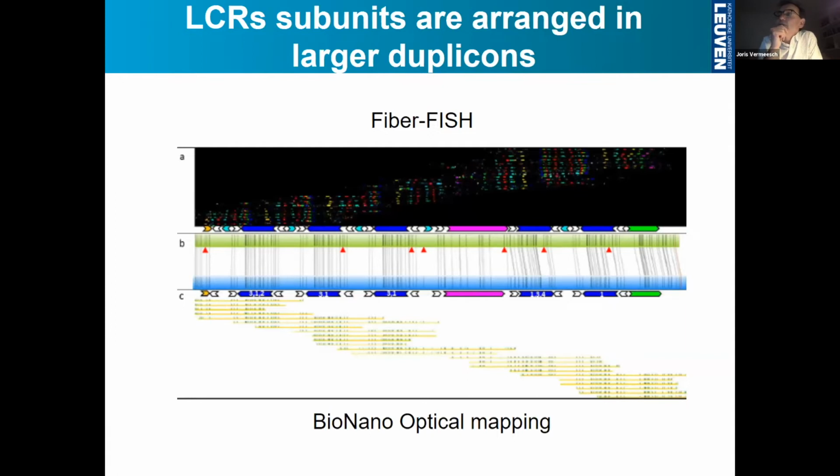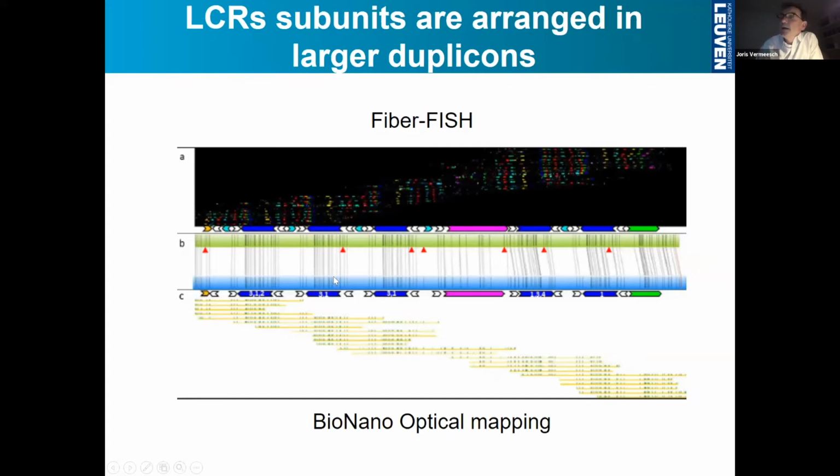We started from fiber FISH, which is stretching DNA strands from individuals, and then we made FISH probes for different subunits which were located in the LCR, so they were repeated, and you can see the repeats. By having this color code, we know which fragments are repeated. And then by having long enough fibers and puzzling them together, we can basically reconstitute the whole region present on 22q11.